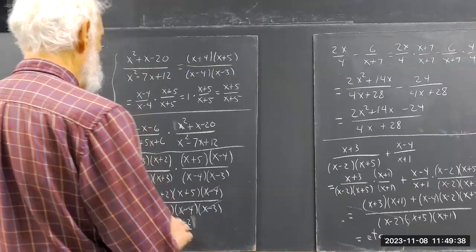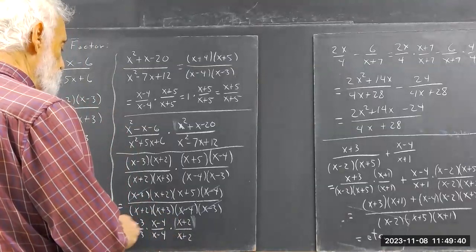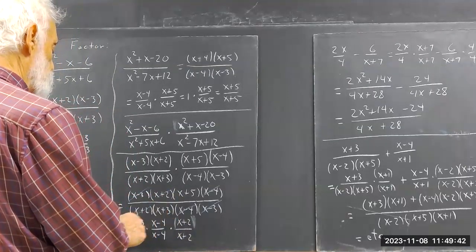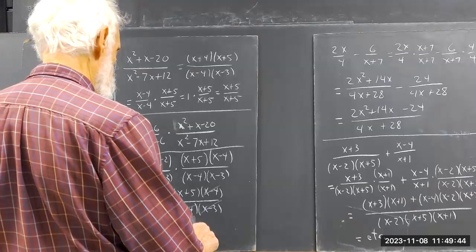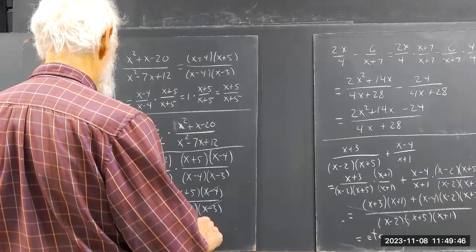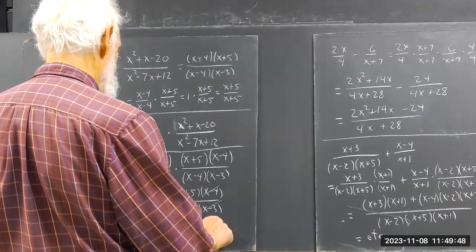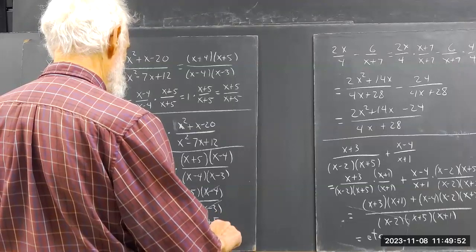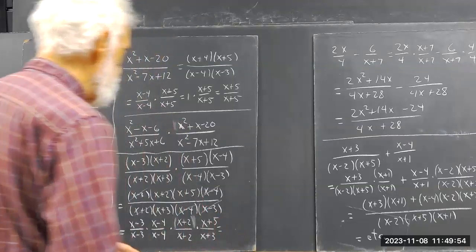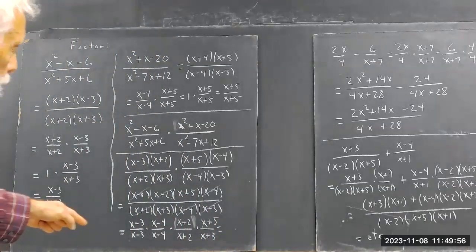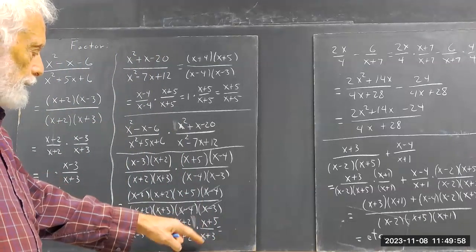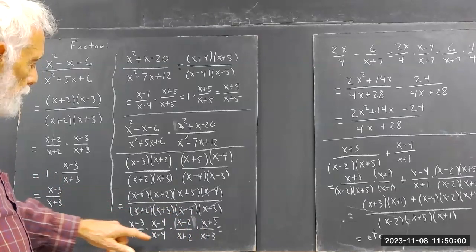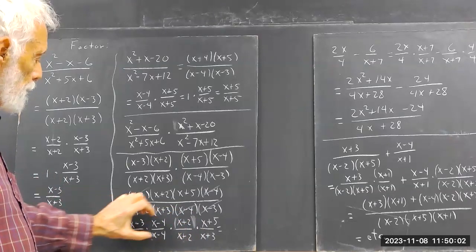Okay, well, we also have an x plus 2 here and an x plus 2 here. Then we have this whole string of things. And then we have an x plus 5 and x plus 3. And every one of these in the string, the numerator matches the denominator.